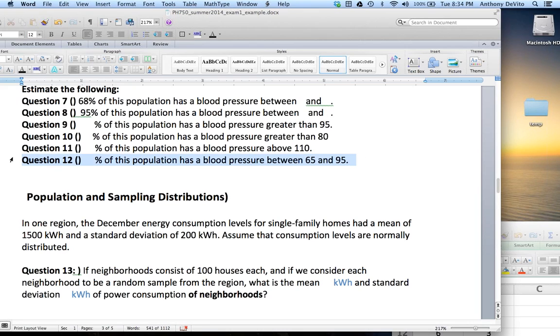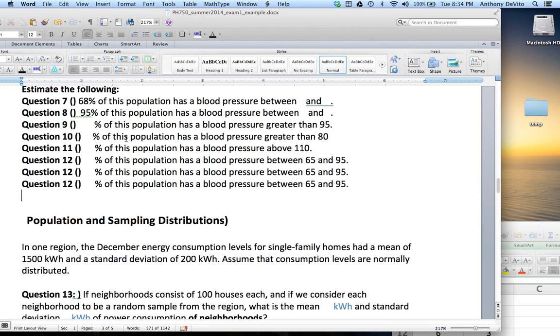I'm going to add to this one: what percentage of the population has a blood pressure greater than, let's say, 80, let me think for a second. How about 90? What percentage of the population has a blood pressure greater than 90?